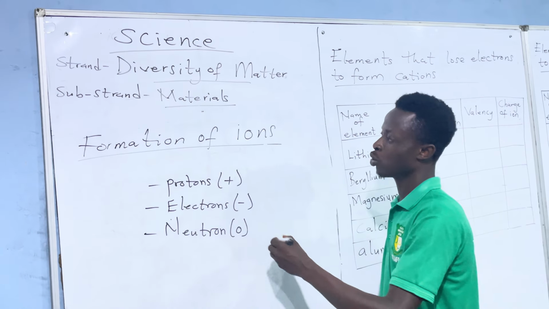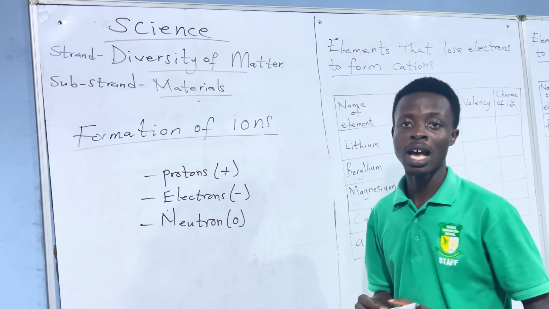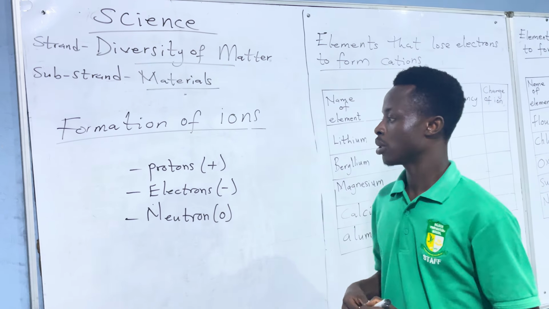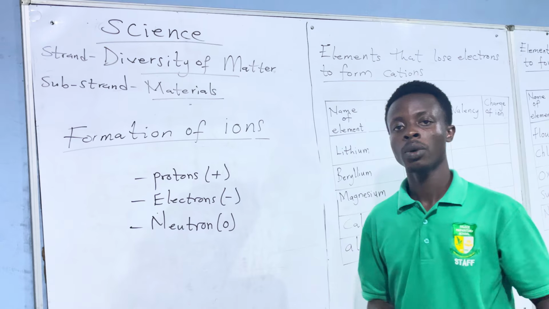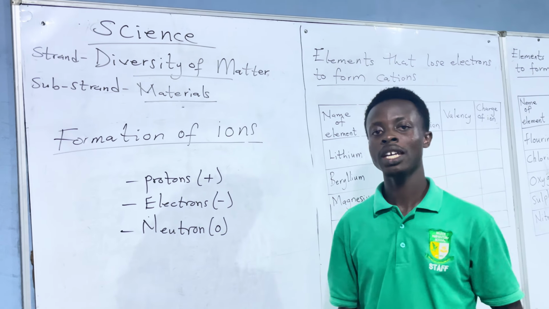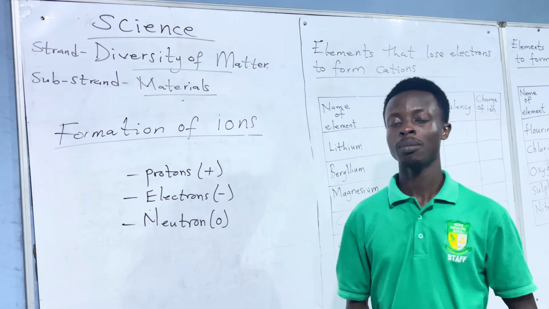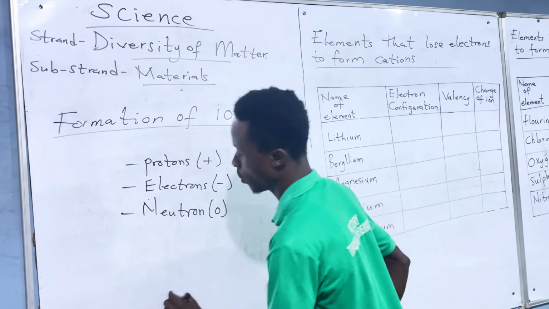So for an atom to gain a charge to form an ion, it has to lose or gain electrons. An ion is formed when an atom or group of atoms gains or loses an electron to become electrically charged.